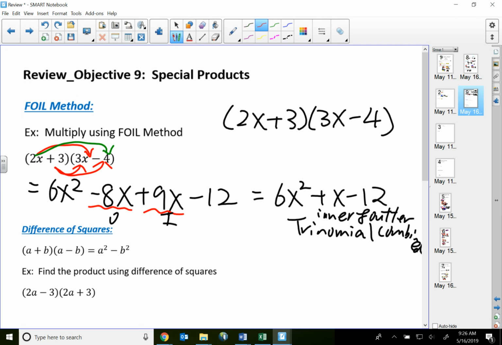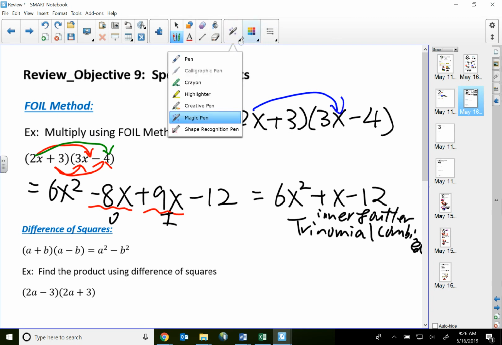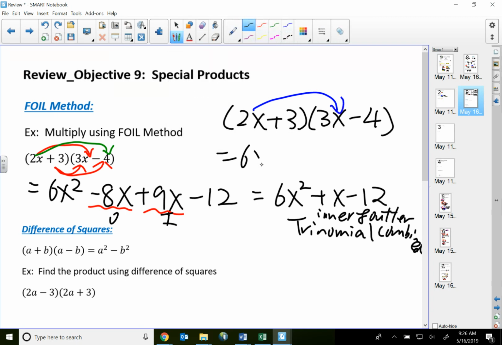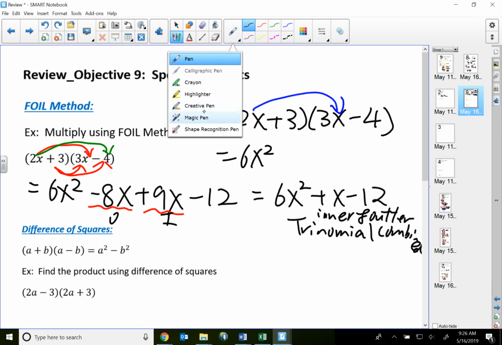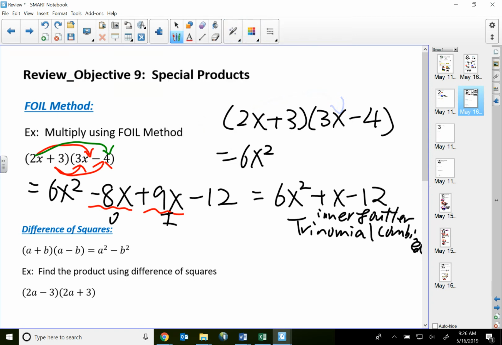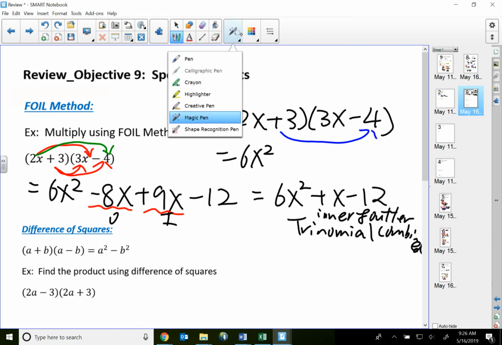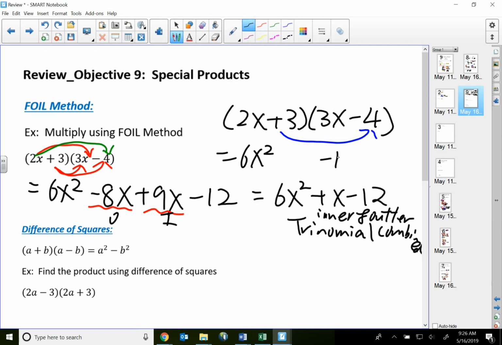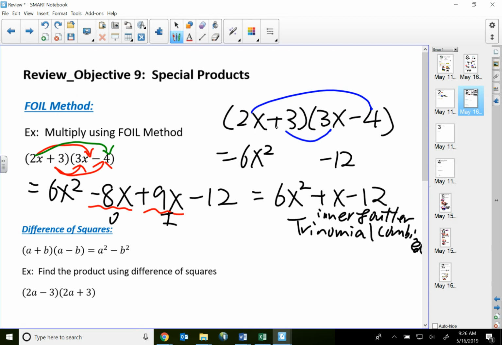The first thing I do in the FOIL method is take 2x times 3x, and that will give me 6x squared. The last thing I do in my trinomial is positive 3 times negative 4, which will give me negative 12. The middle term of my trinomial is going to come from the inner and the outer combined. So the outer is negative 8, inner is positive 9. So 9 minus 8 gives me a positive x in the middle.